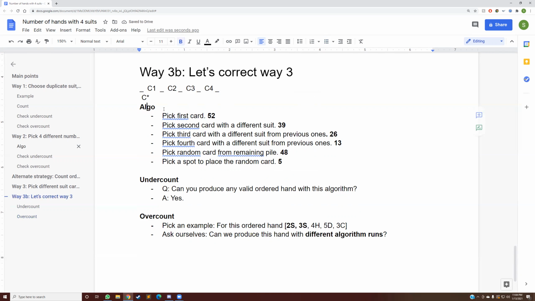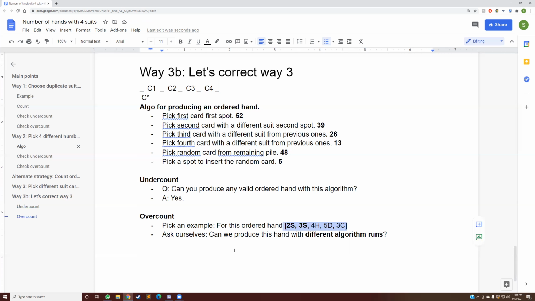So for this order, I have to say that this algorithm is for producing an order. First spot and second cut for second spot and so on. I should have clarified. Yeah, it's an overcount. Why?